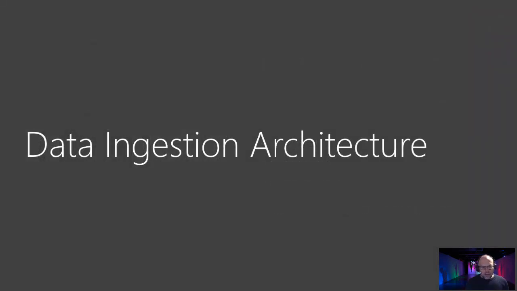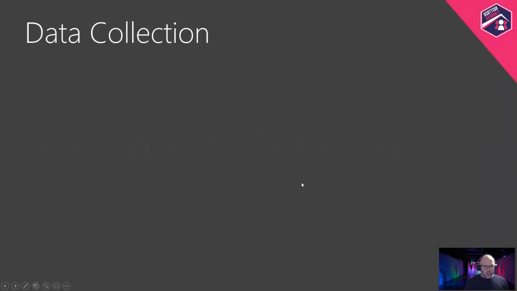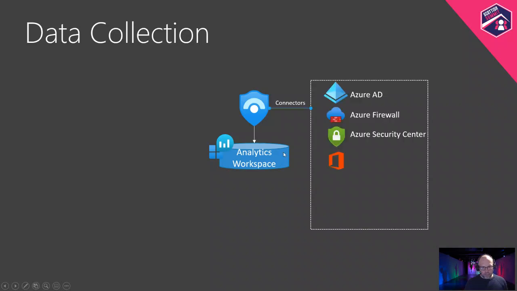So how does Azure Sentinel get the data it will analyze? Data ingestion is configured on a workspace level again. So Azure Sentinel is analyzing one or more analytics workspaces.